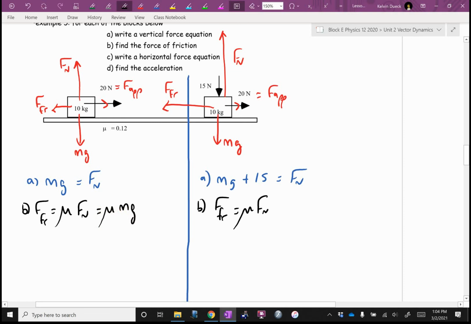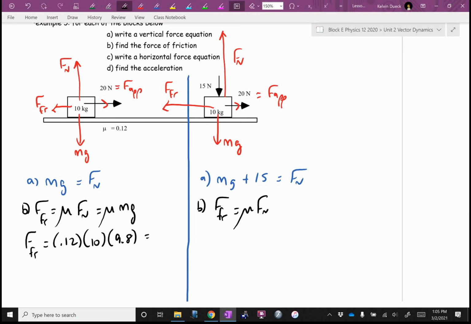You'd be right. Hey, Percy, what's mu? 0.12. M is 10. G is 9.8. I can do that in my head. It's going to be 98 times 0.12. It's going to be 9.8 plus 1.96.